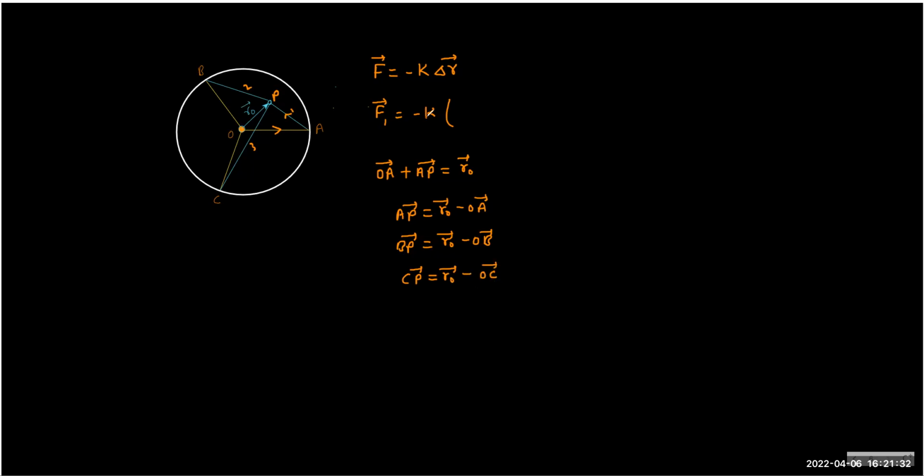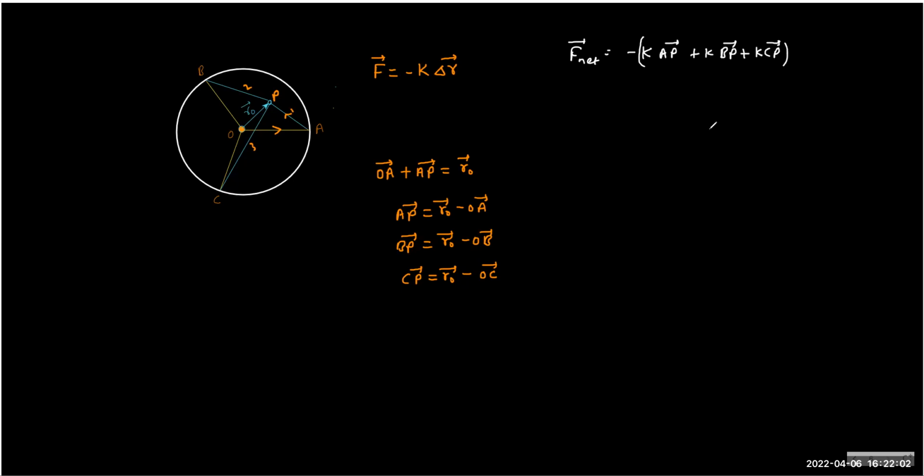Let me remove this part. You can write that the net restoring force will be minus K AP minus K BP minus K CP. Is this clear?